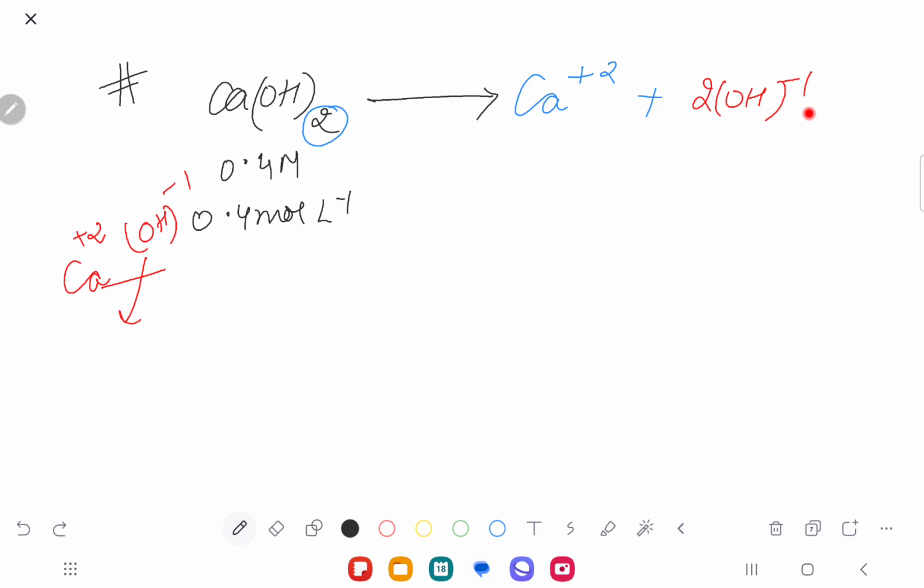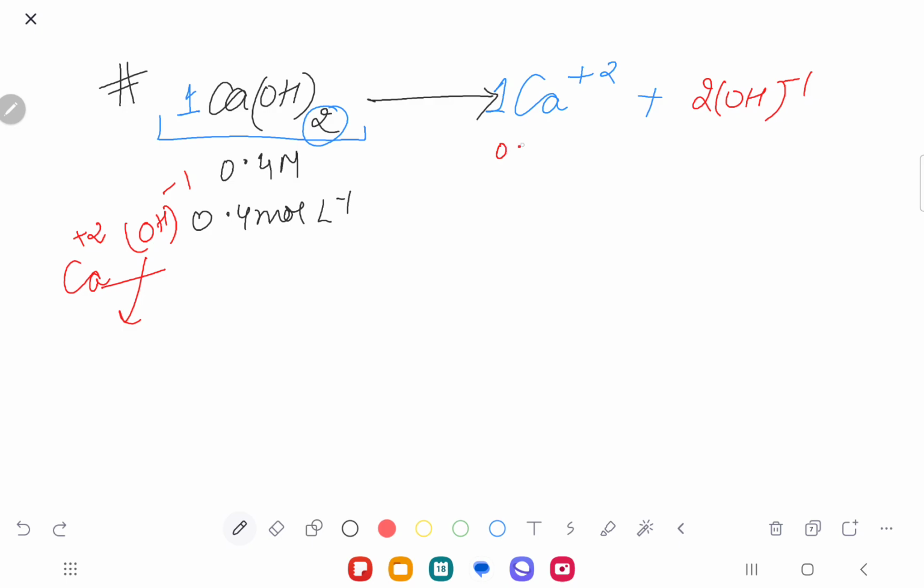So if I have Ca(OH)2 giving me this, how much OH negative do I have? Assuming full dissociation, 1 mole of calcium hydroxide gives me 1 mole of calcium and 2 moles of OH negative.